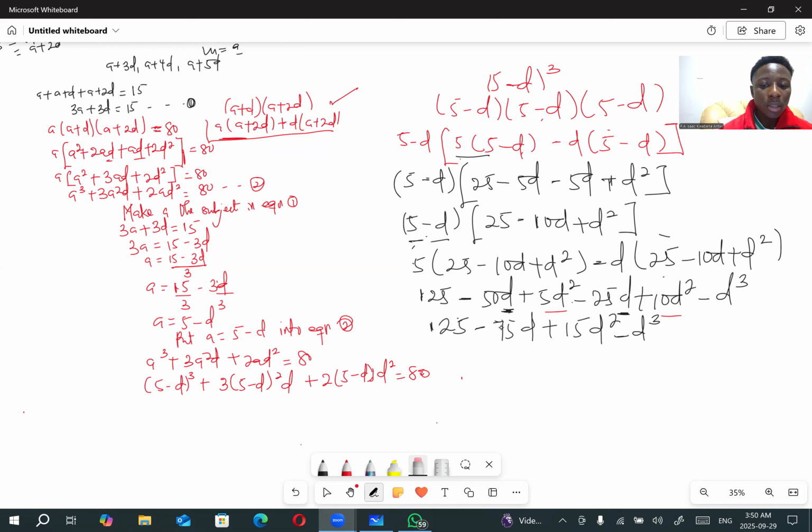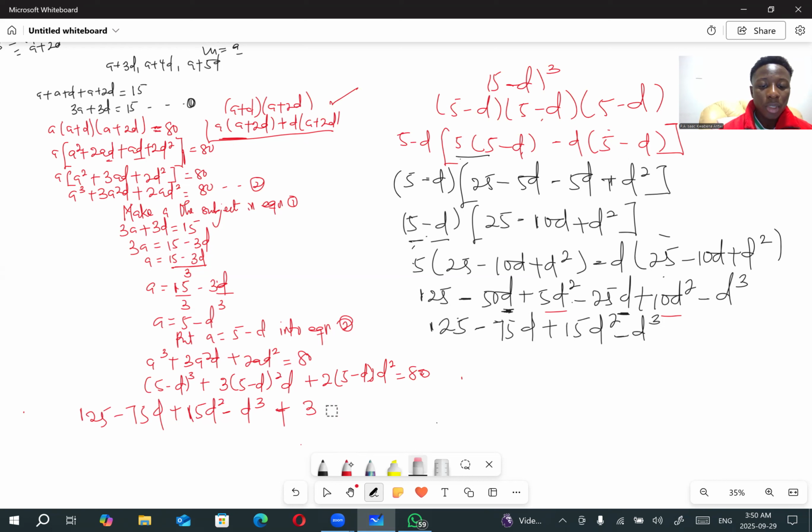so now it's simplify. 125 minus 75d plus 15d squared minus d cubed. Then plus, now let's expand this. So this one will be 3d, now 5 minus d all squared.